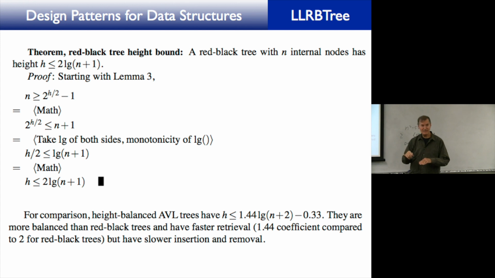But to keep it balanced, to do insertions and removals, it's the other way around. Because it's more balanced than a red-black tree, it's harder to keep it. It takes more time to keep it more balanced, which makes sense. You spend more time keeping it balanced than better balanced anyway.